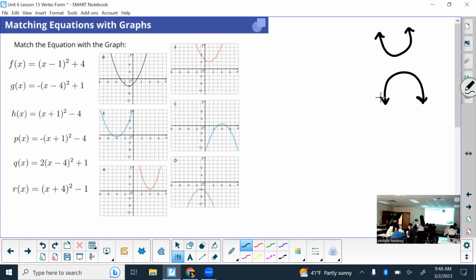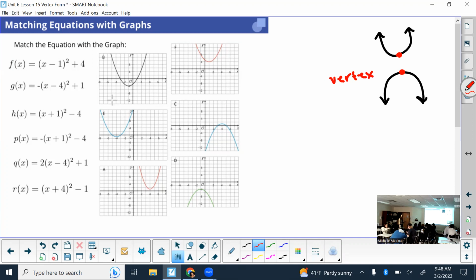Well, it depends on what way it's split. So the vertex, if it's this one, would be where? The bottom. And if it's this one, it would be where? The top. So the turning point of the graph is what we mean by vertex. It could be the highest part of your graph or the lowest part of your graph, depending on where it's split.